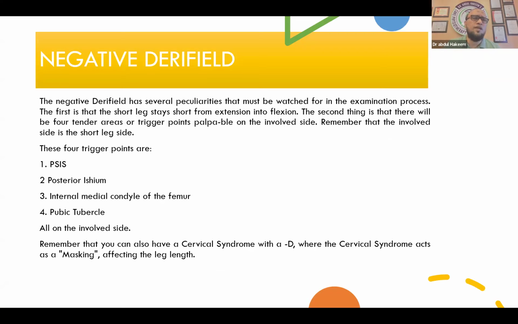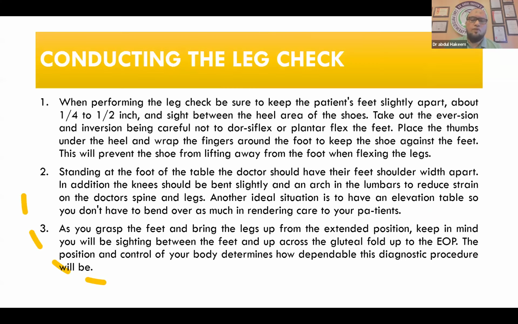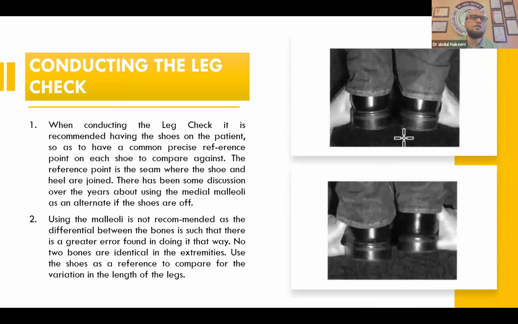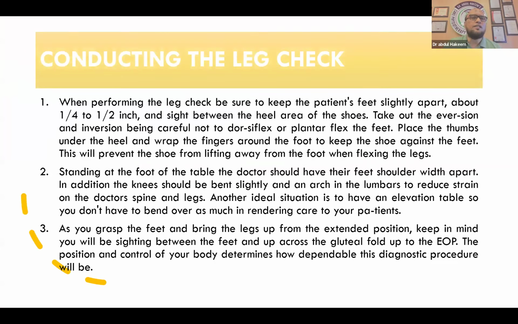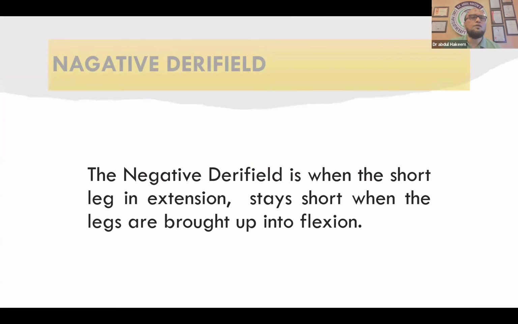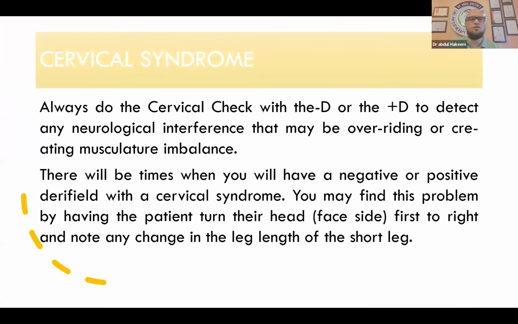With an AI sacrum you will always find an AS ilium, anterior superior ilium. But here we should not correct the AS ilium; we have to correct the AI sacrum. So if you find negative Derifield, always check for cervical syndrome first. Then, if you don't find anything, go for sacral checking.